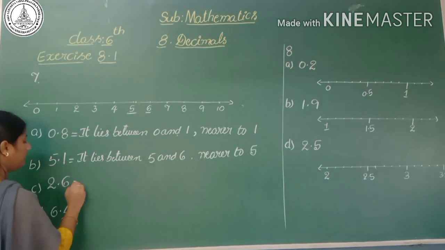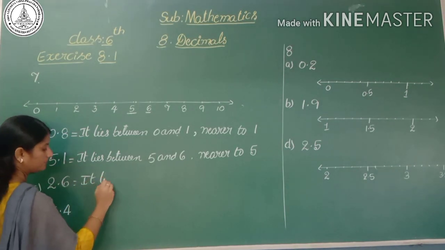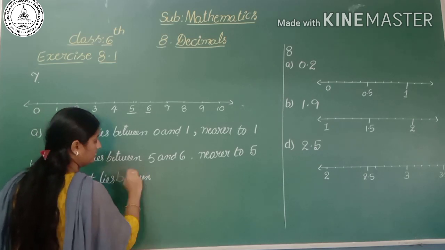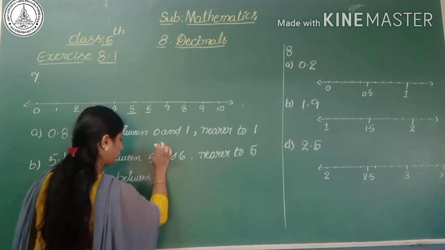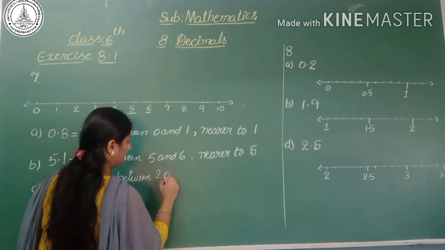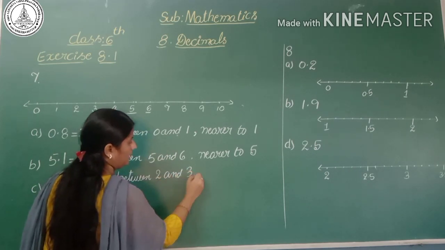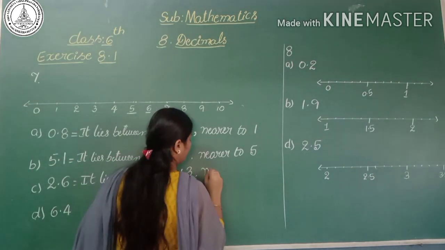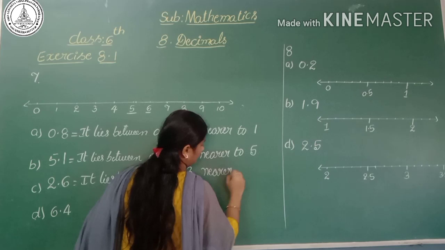Okay, then right here it lies between 2 and 3, comma, and nearer to 3.